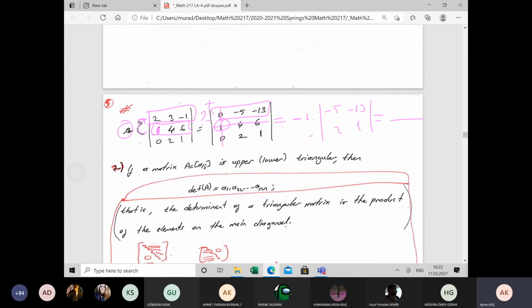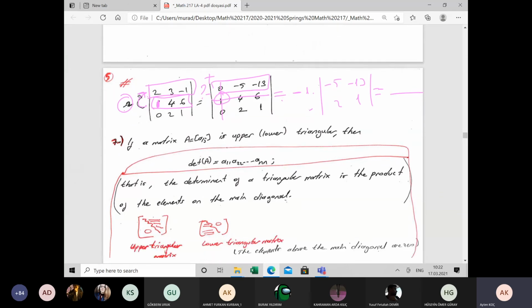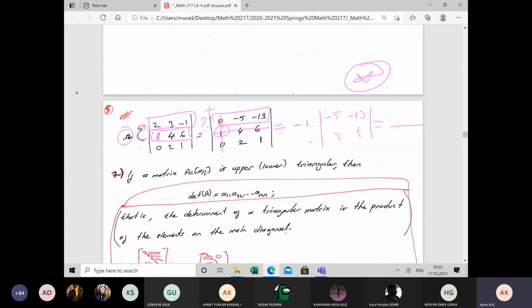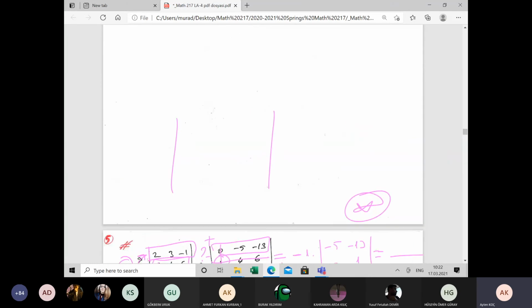Yes, this is important because our aim, for example, take 5 by 5. How to compute a 5 by 5 matrix? Start with this one, for example. So choose one row or column and then write the determinant. What's the number of entries? 5.